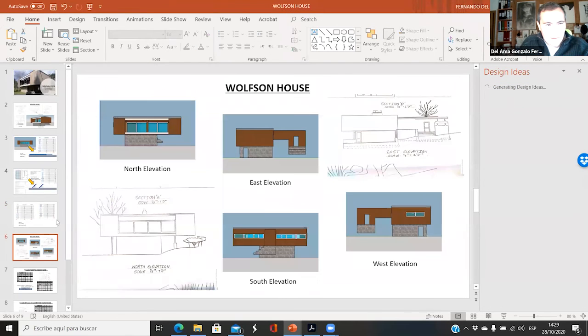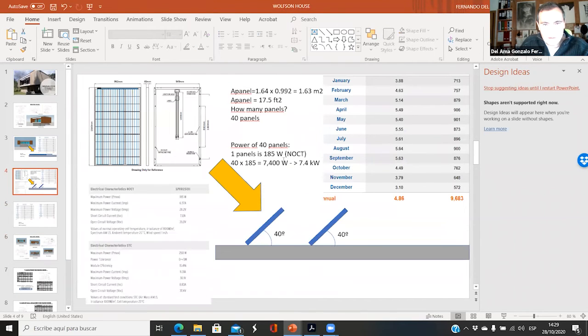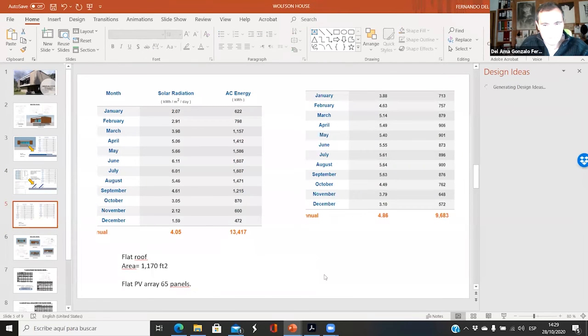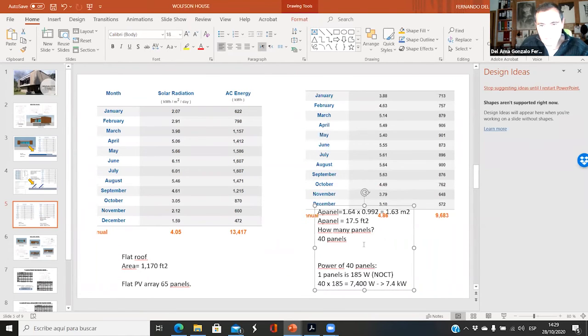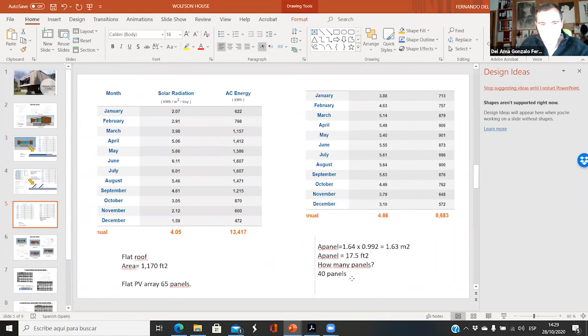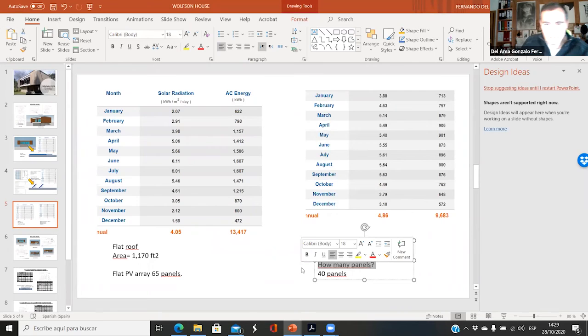And this is the area with 40 panels, with the open rack.